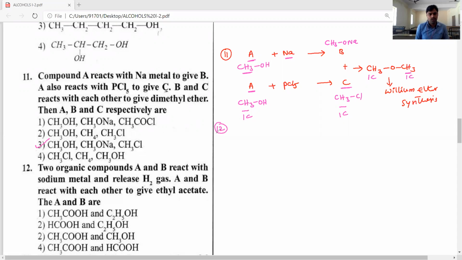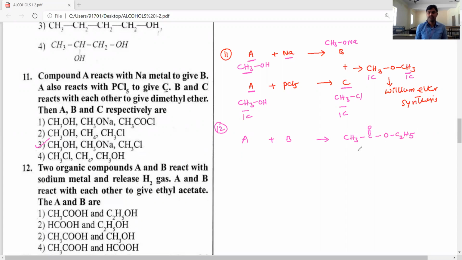Next, see the 12th question. Two organic compounds A and B react with sodium metal and release hydrogen gas. A and B react with each other to give an ester. What is that? Ethyl acetate, CH3-C double bond O-O-C2H5.